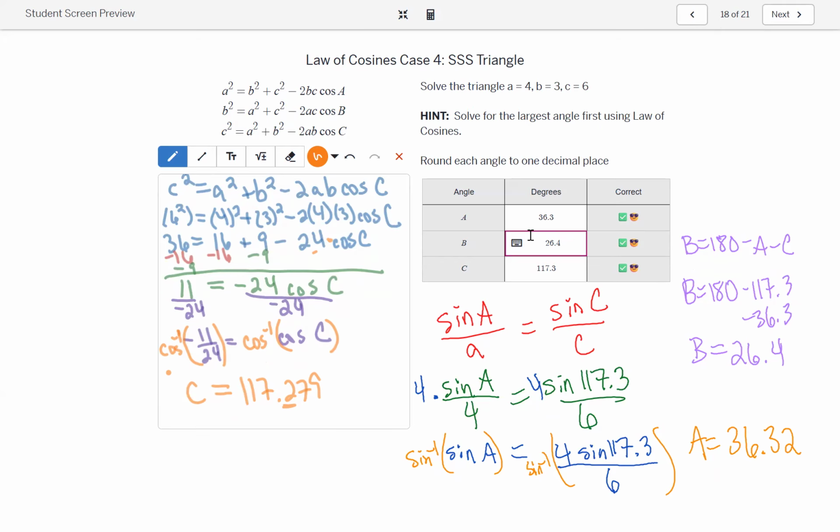So there is a question in the writing assignment that might literally be with these numbers where it asks you for the angles.